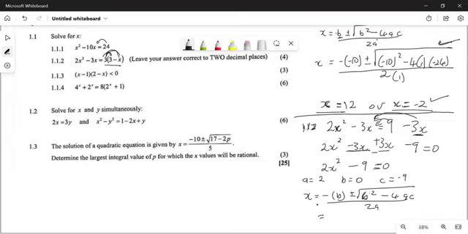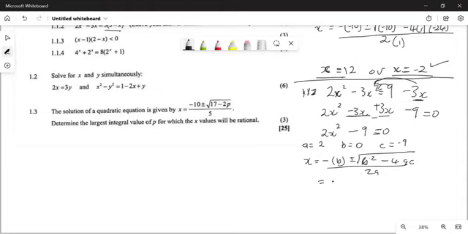Okay, let's substitute then now. So you have minus open bracket, what do you put here? 0. So you have 0 plus or minus 0 squared, minus 4 multiplied by 2 multiplied by minus 9.